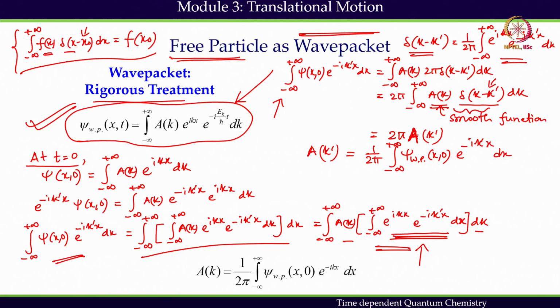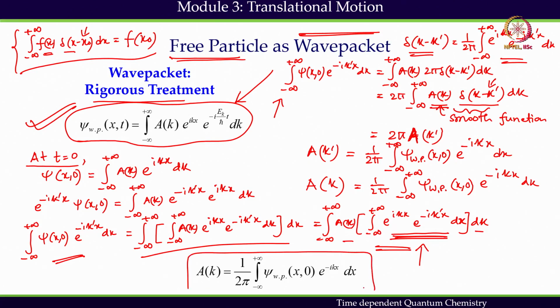And k dash was selected arbitrarily, it can be anything. So, I can rewrite this equation in terms of k also, to make it general. In that case, it will look like this: psi wave packet x 0 e to the power minus I k x dx. That is exactly what we have written here.